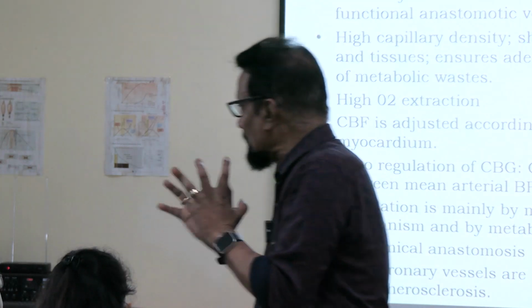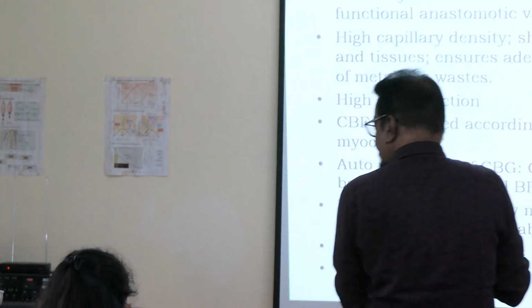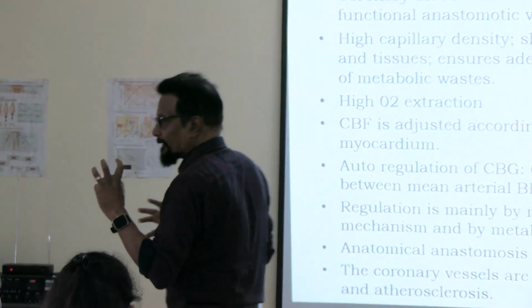So these metabolites have the property of causing vasodilatation of the blood vessels. So now the blood vessels will be dilated, more blood will be flowing. My intention was to increase the blood flow. Initially it was less. So because of the accumulated metabolites, blood flow is increased.